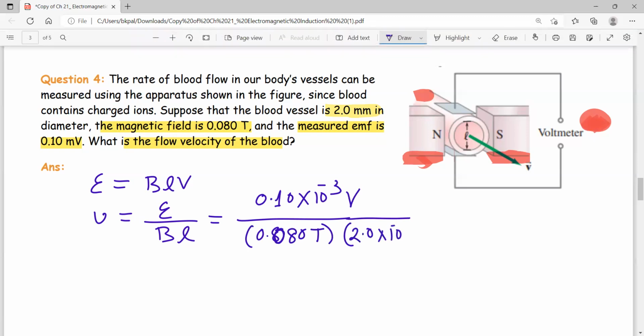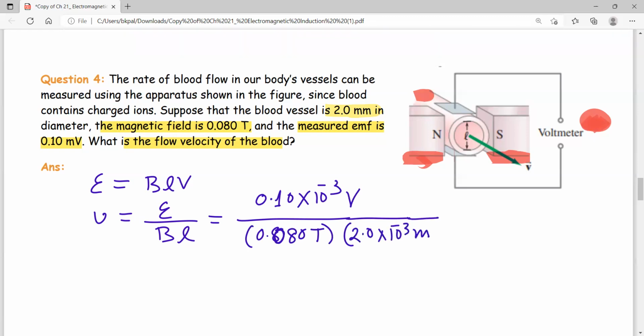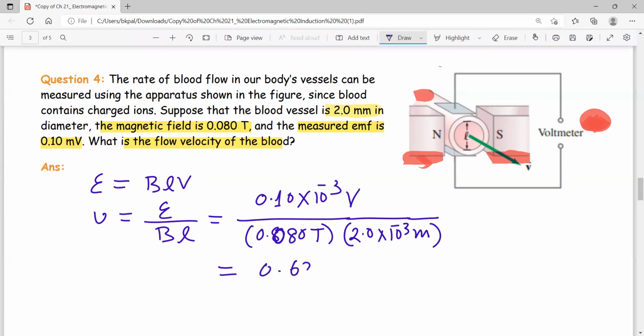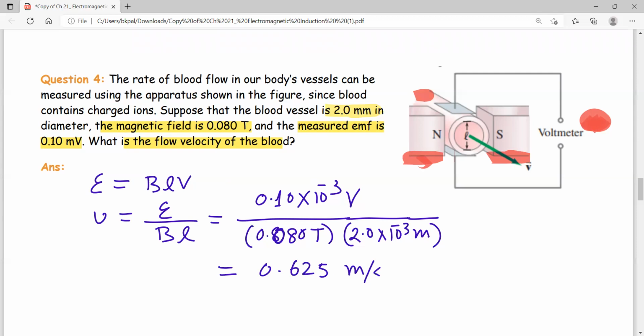Millimeter means 10 to the power minus 3 meter. If you plug all these values in your calculator, you should get 0.625 meter per second. So the speed of the blood is 0.625 meter per second.